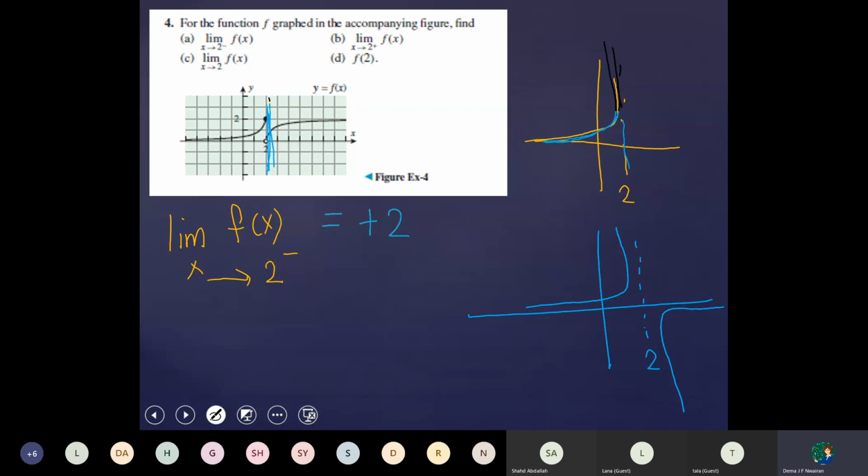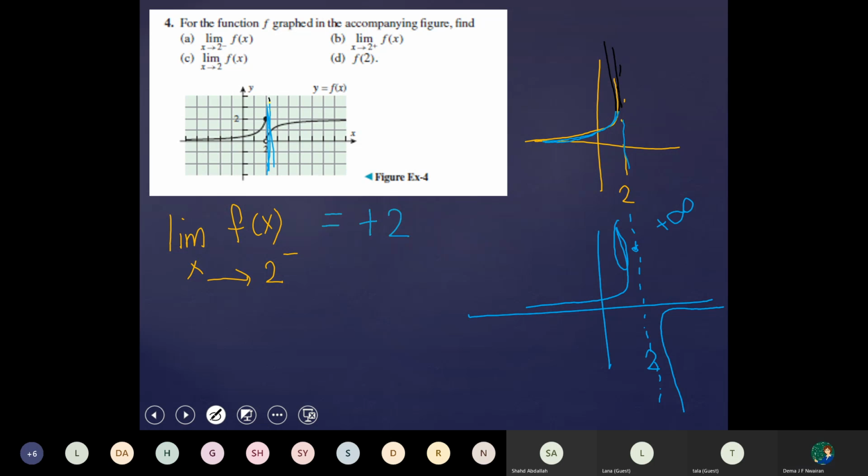If you draw a line at 2, does the blue curve intersect this line? No. So because of that, I will say that it's going to be to the positive infinity.